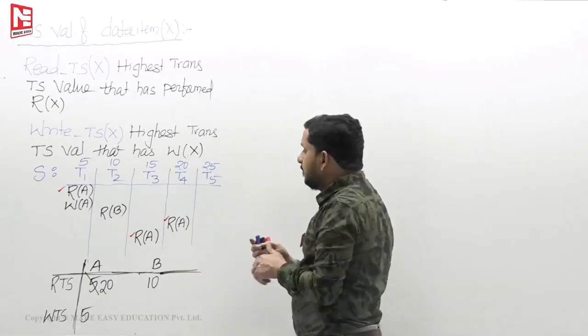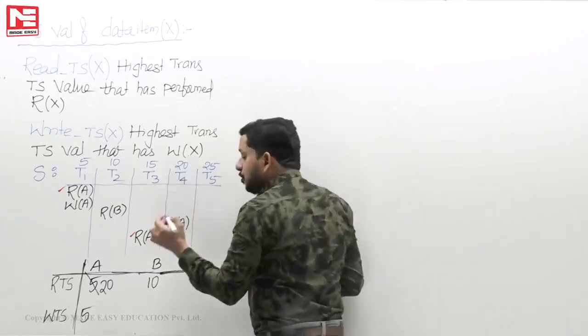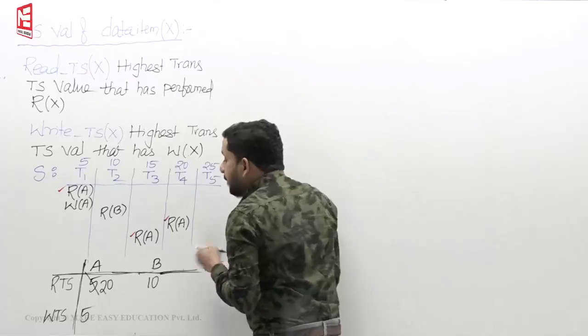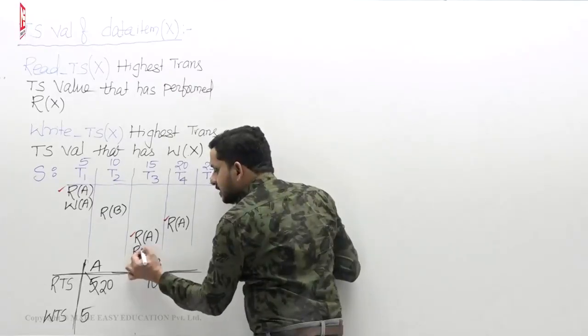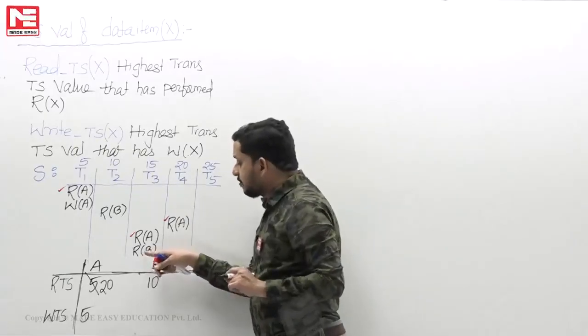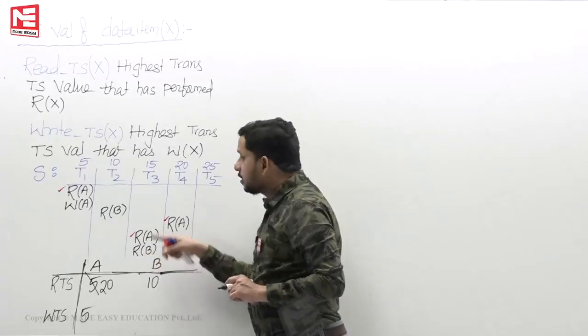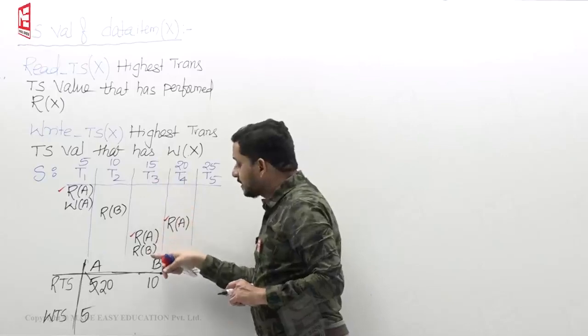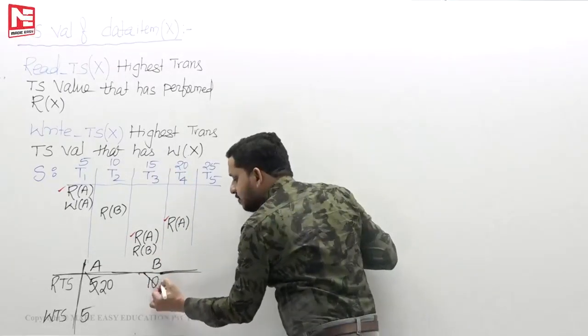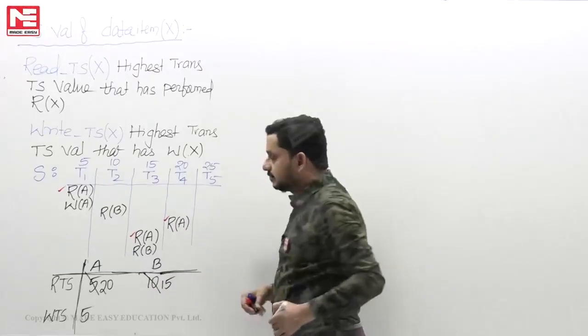So, for example, transaction T3 done the read of B. The previous timestamp value of B is 10 only. Now T5 done the read, and its timestamp value is 15. So the read timestamp value of B becomes 15.